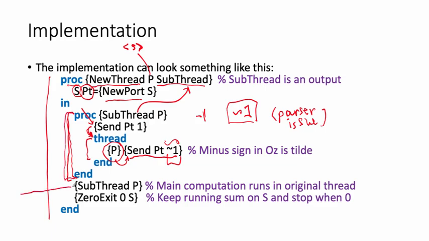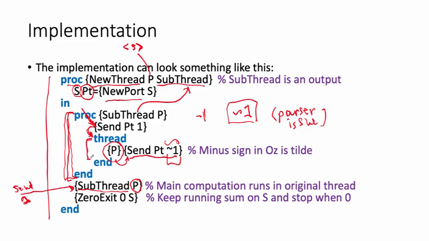The main computation will then start. So now we do one call to subthread. This one call will use the original P argument, and it will run in the original thread. So we'll start by doing a send of +1 in the original thread here.